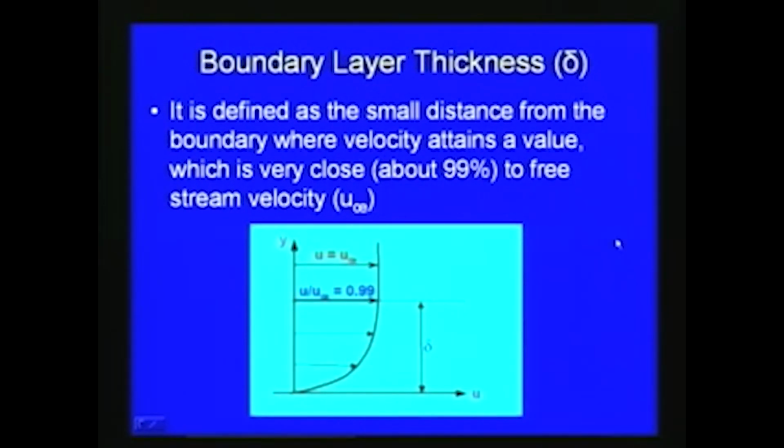Now we will define various parameters of the boundary layer, like boundary layer thickness, displacement thickness, momentum thickness and energy thickness, so that we can differentiate various parameters with respect to the boundary layer, and further try to derive an expression for parameters like velocity and pressure.